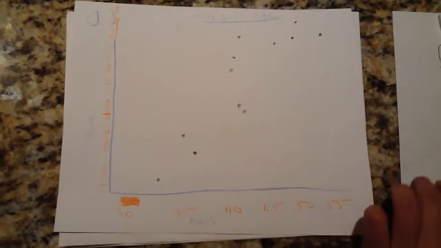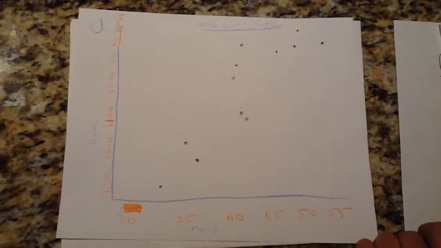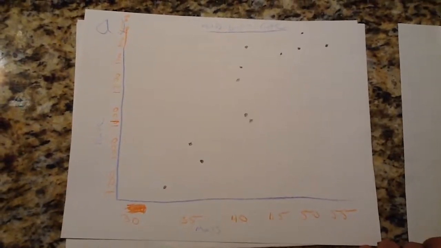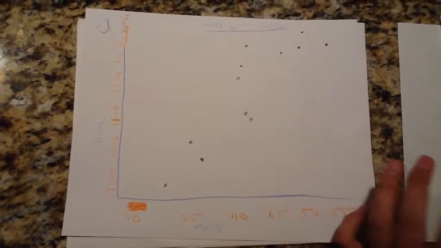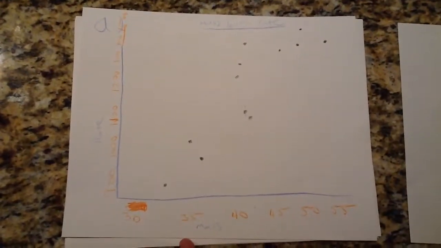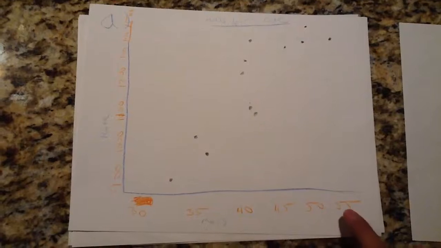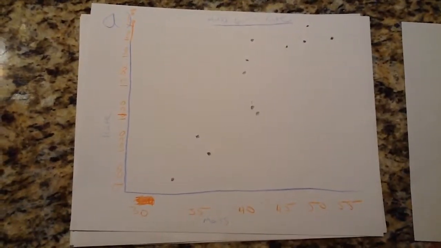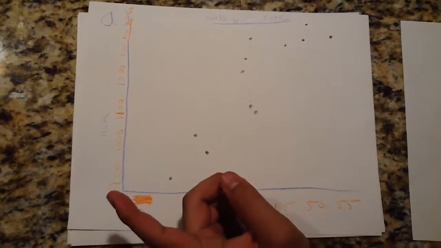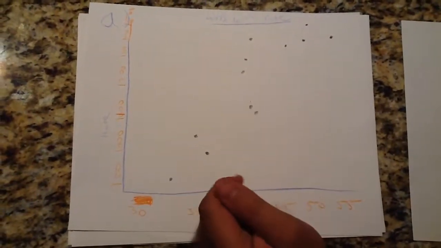On the basic question, it says to make the scatter plot of the data, and the question is asking, do heavier people burn more energy? Along the x-axis, I ran the masses of the people going up, and on the y-axis, I put the metabolic rate.